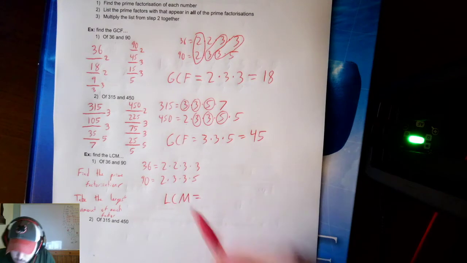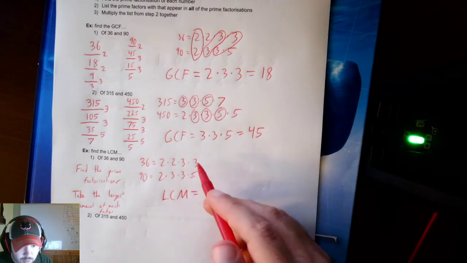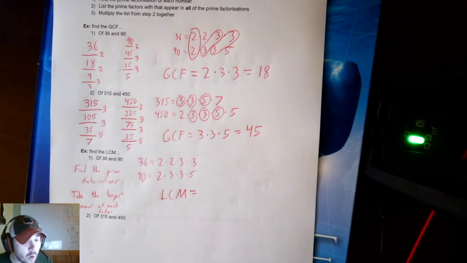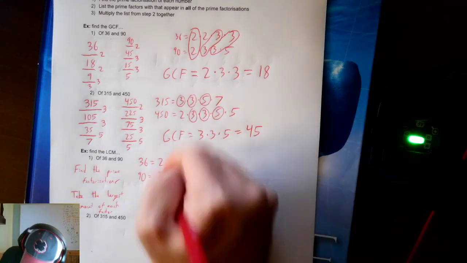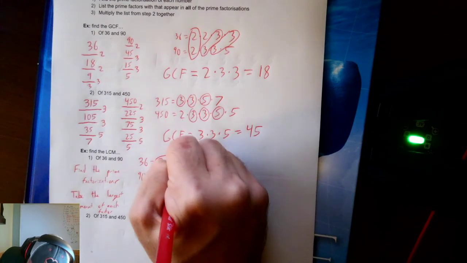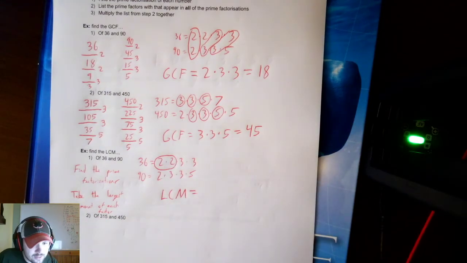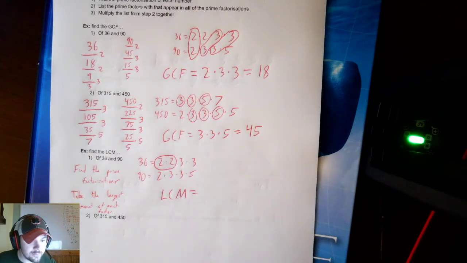So first, which prime numbers are here? Well, I have 2, 3, and 5, right? I see some 2s, some 3s, and 5s. Which number has more 2s? The first or the second? The first one does. So I'm going to take those 2s. It's the larger amount of 2s.